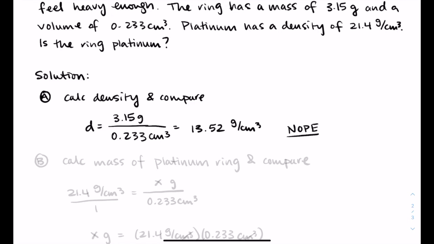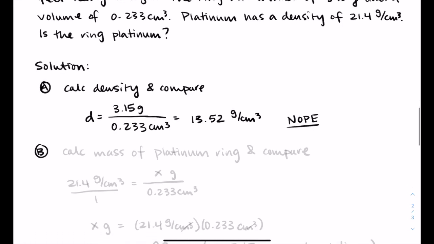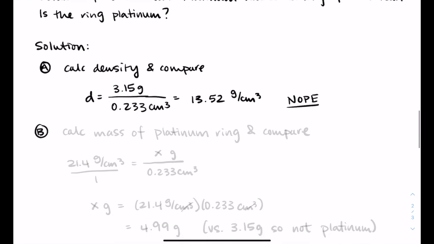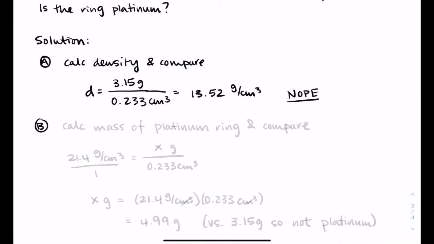So a second way that you could do this, we know the volume of the ring. I mean, we also know the mass, but let's say if this ring with this volume was actually platinum, what would the mass be? So we could calculate the mass of a platinum ring and compare it to the mass of the ring that we have.